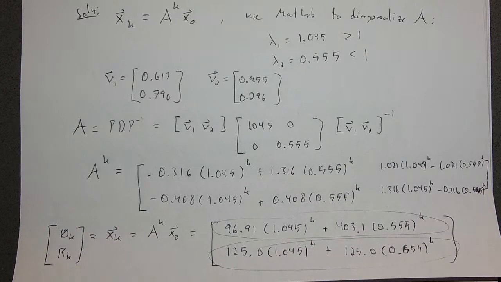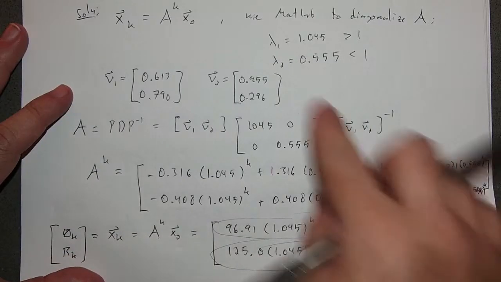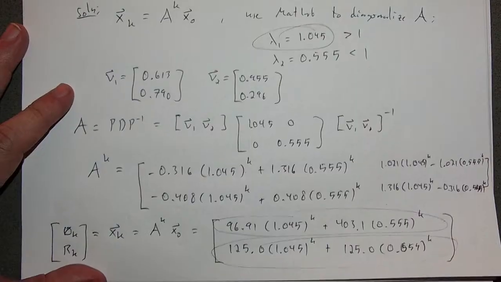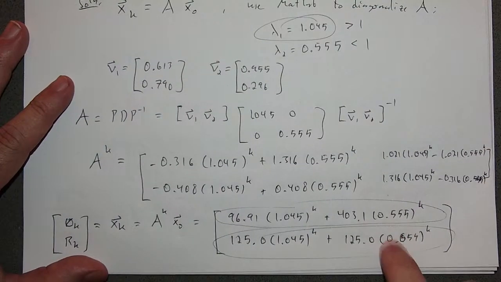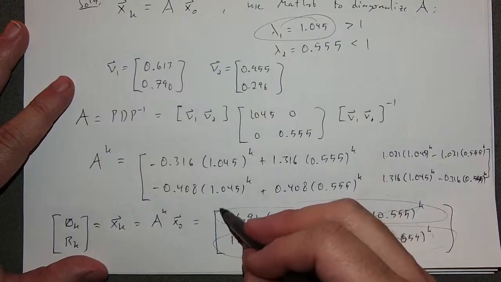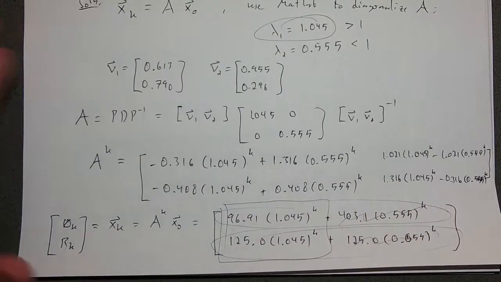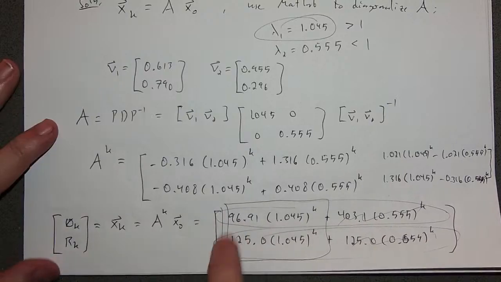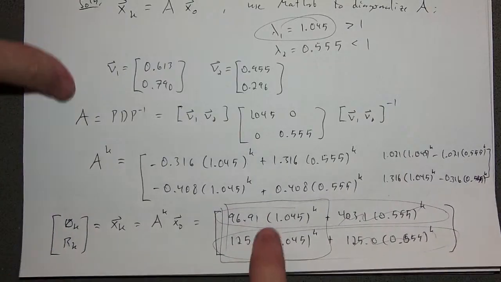The one thing to notice here is that 0.55 is dominated by this larger eigenvalue. So these terms are negligible compared to these. These are the things that are actually telling you the size of the owls and rats. So in the long run, for large k, these are the quantities that matter.